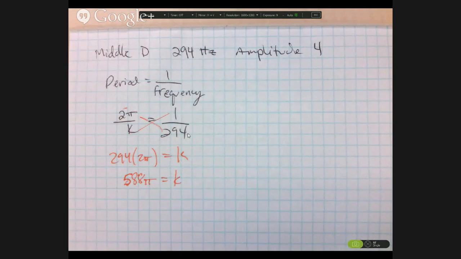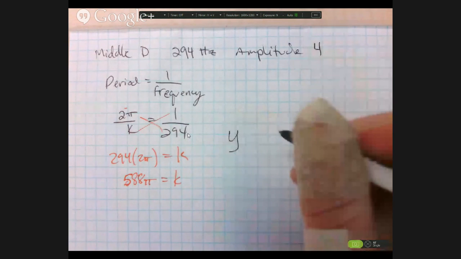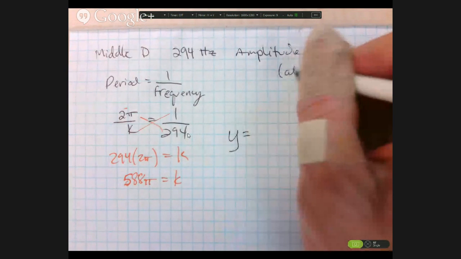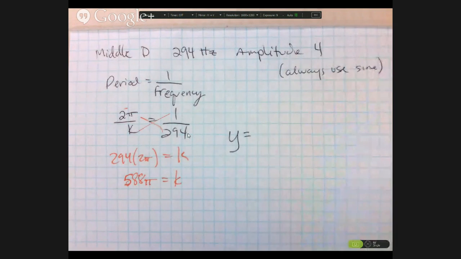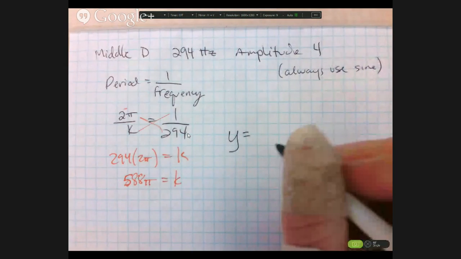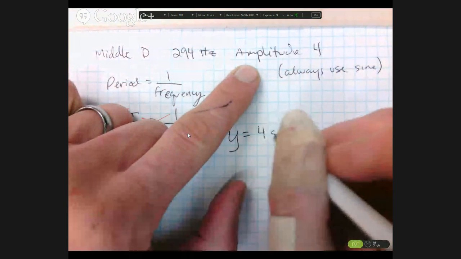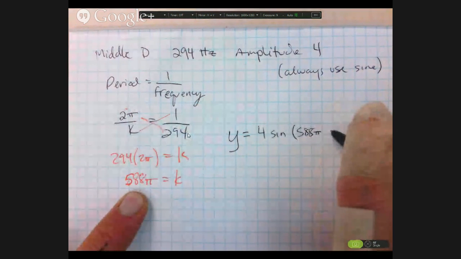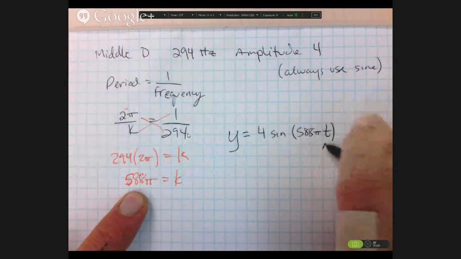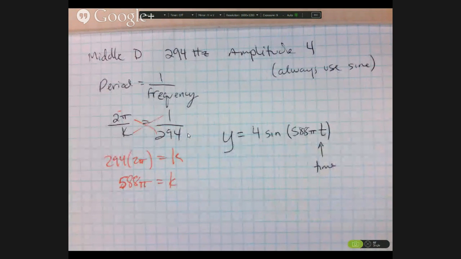So what's my function? We're always going to use sine here, for music. Y equals 4 sine 588 pi. And I'm going to use t for time, just because I like to use t for time. So that's your written function.